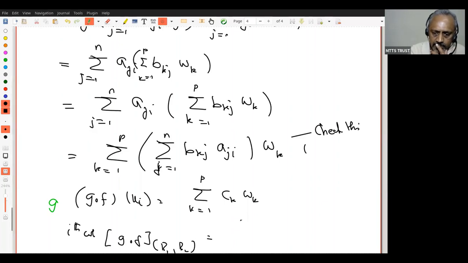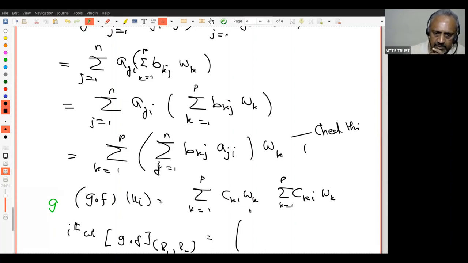If you want, I should also denote by i, but at present, let me not do that. Are you following me? This I can write as summation c_ki w_k, k equal to 1 to p. Then these coefficients form the ith column of this matrix representation. You follow? Because the whole thing depends on i, I'm just writing it i here.